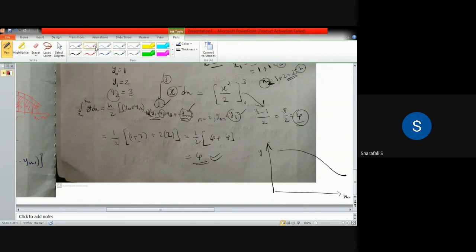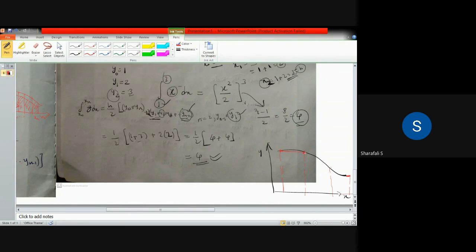If your h is very large, and you're considering one point here, the next point here, the next point here, and the last point somewhere here, then as you can see, if you join these two, you'll get something like this.